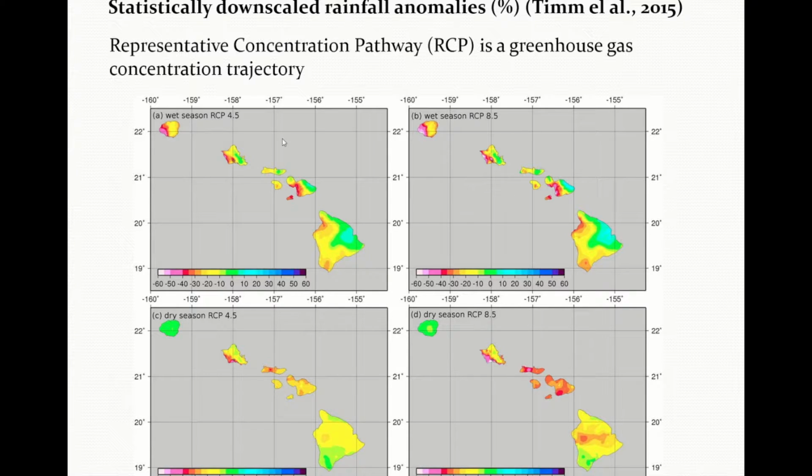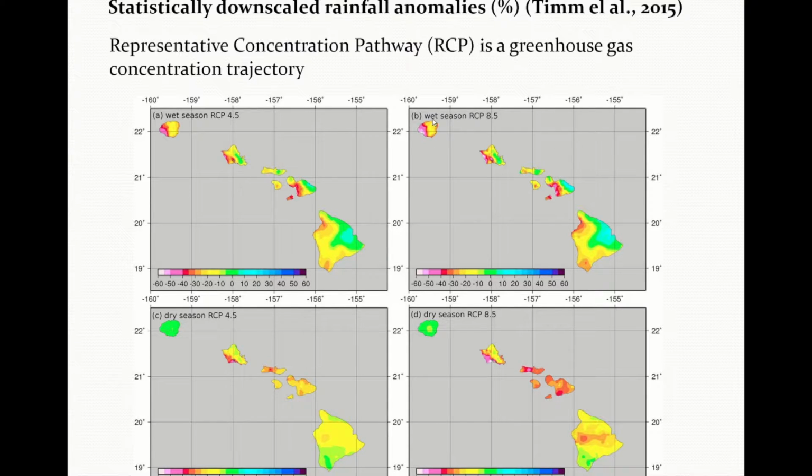And we used two scenarios, one called RCP 4.5, which is a representative concentration pathway, meaning higher greenhouse gas concentration, and the 8.5, which is even higher than 4.5.